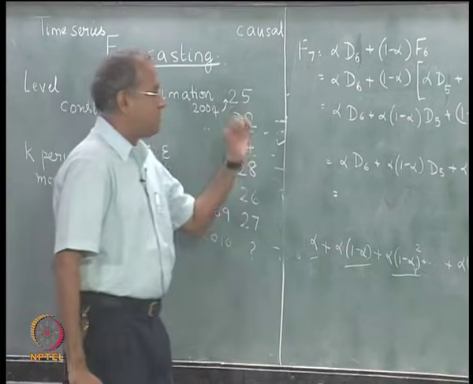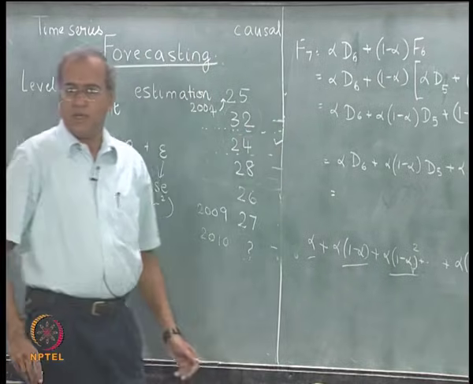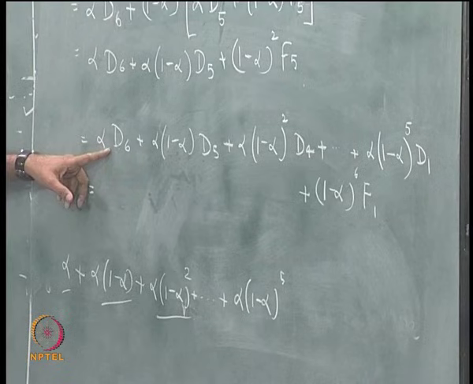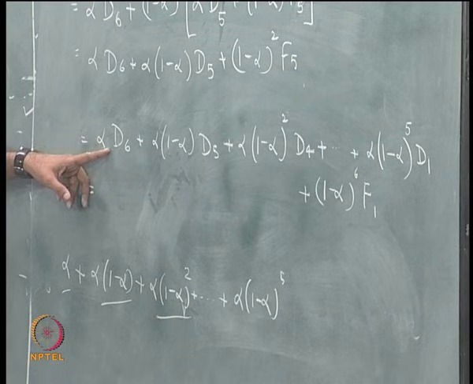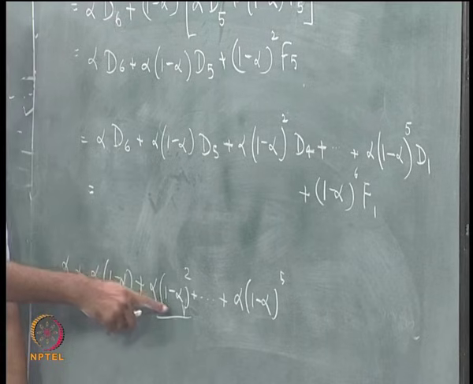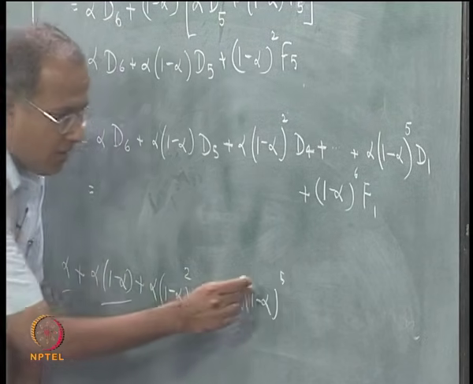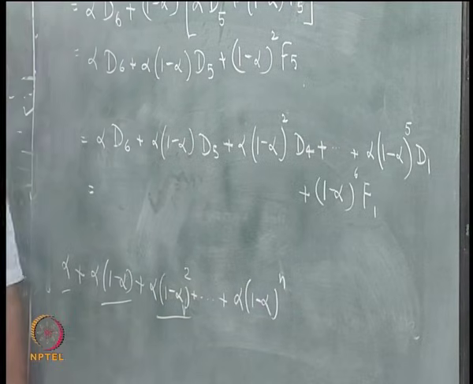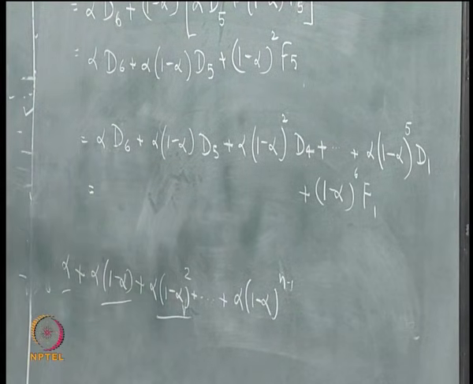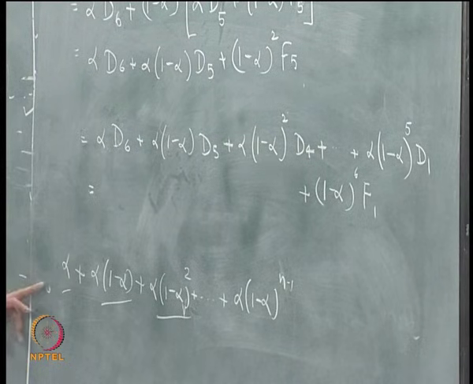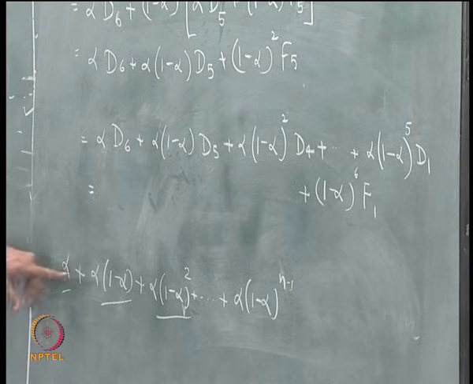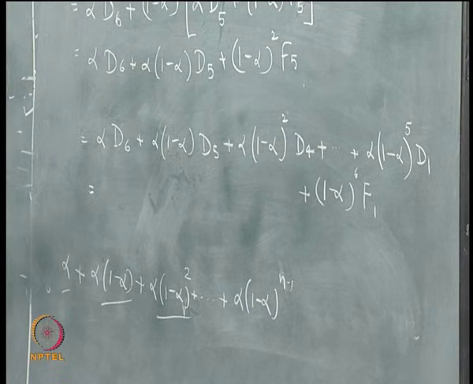Now, if we make an assumption that n is large, here we have n equal to 6, we have 6 demand points, then the terms will be alpha, alpha into 1 minus alpha, alpha into 1 minus alpha square, and so on. This will become n or n minus 1 as the case may be. But if n tends to infinity, we get an infinite geometric progression with first term equal to alpha and common ratio equal to 1 minus alpha. The sum of an infinite geometric progression is a by 1 minus r.